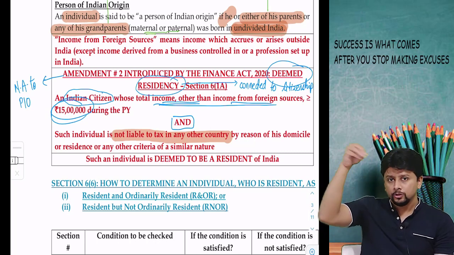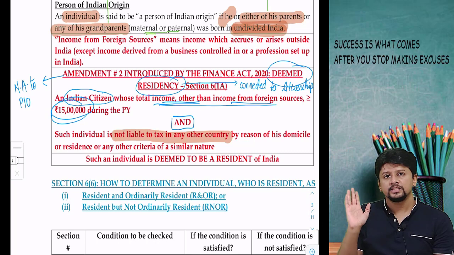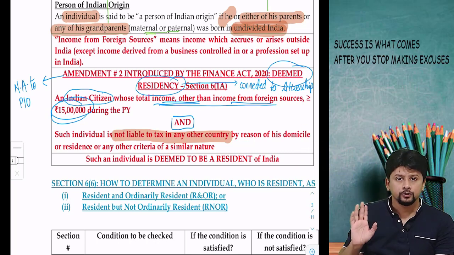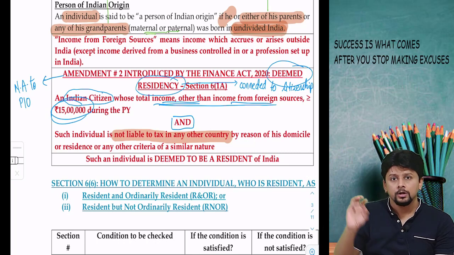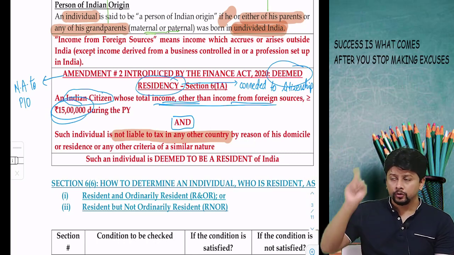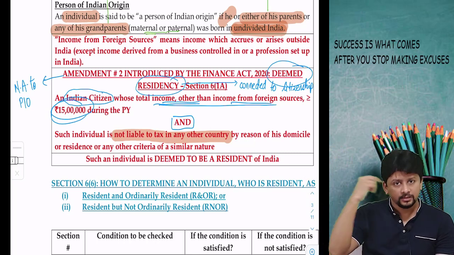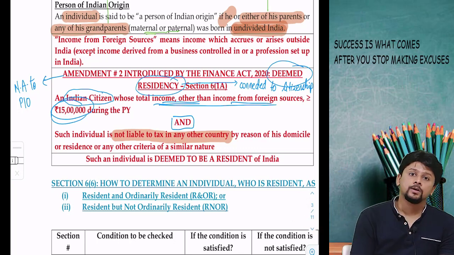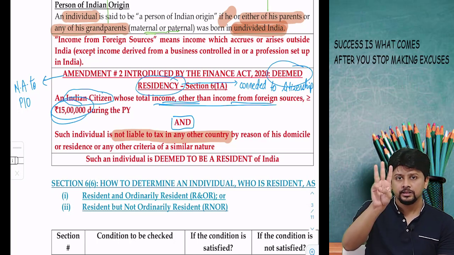Maybe because you stay in other countries but you are a non-resident of that country, and that country's income tax law does not tax you on the income. So if you are not paying tax in any other country of the world and you are an Indian citizen and your income exceeds 15 lakhs, three things to satisfy.